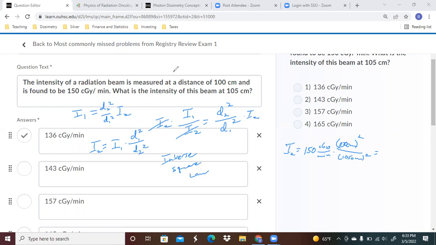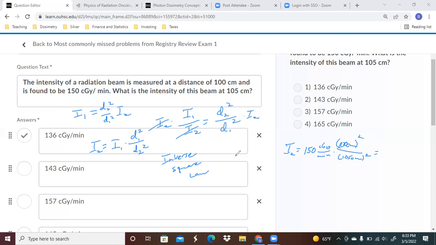This should follow because the second intensity is further away from the first one, so when we square this, we should end up with a smaller number. That's also a clue: if you measure at a further distance away, you should end up with a smaller intensity.